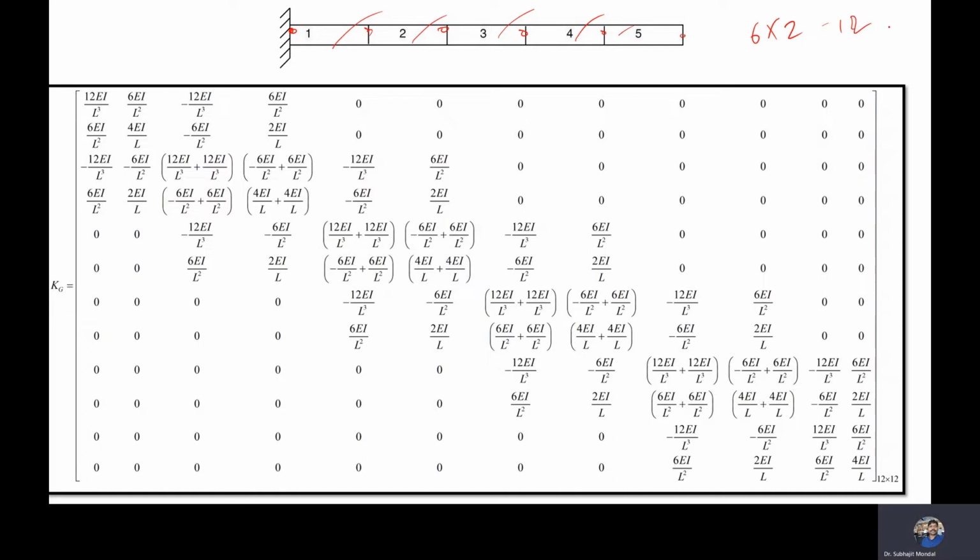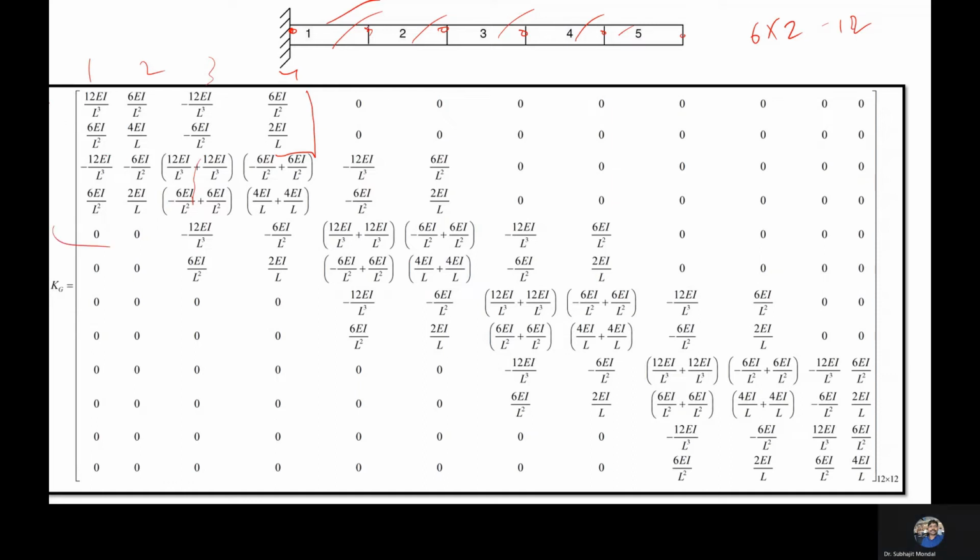Here you can see the first element, this is 1, 2, 3, 4. We are keeping the values of that first beam, which is basically 4 by 4 size.